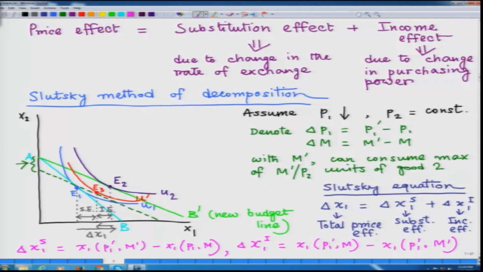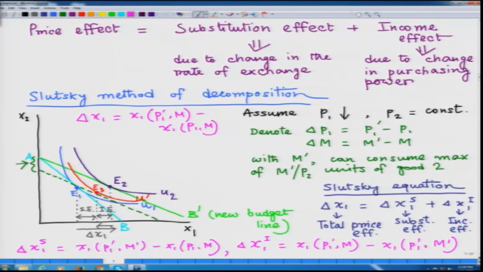Now, if you add these two up, then your total price effect becomes x1 of P1 prime, M, minus x1 of P1, M.